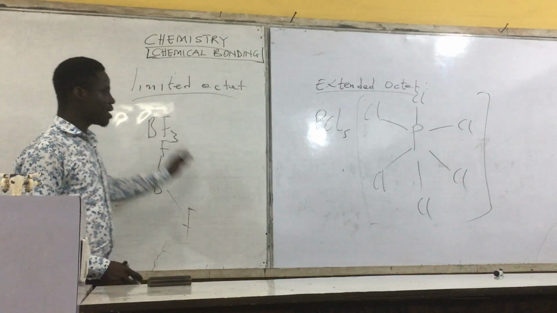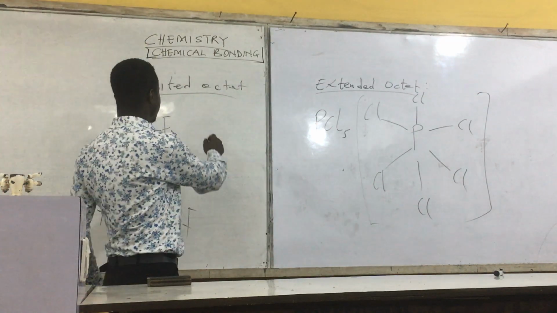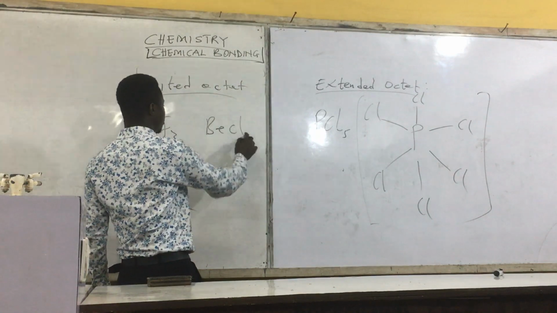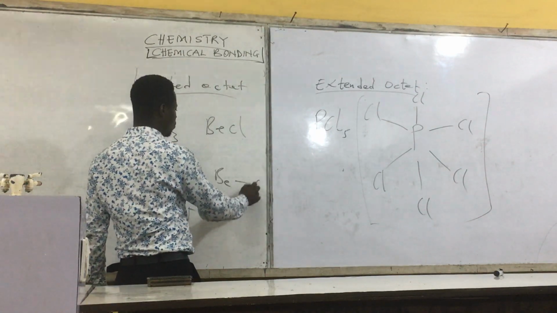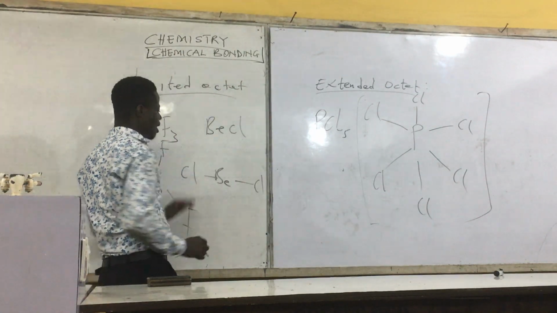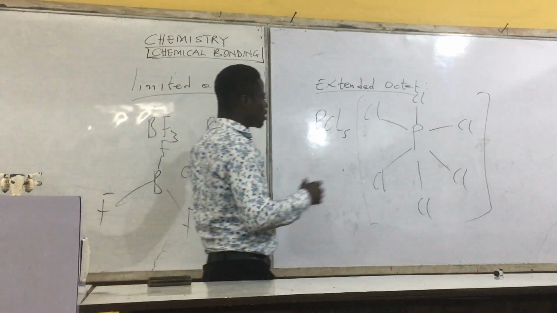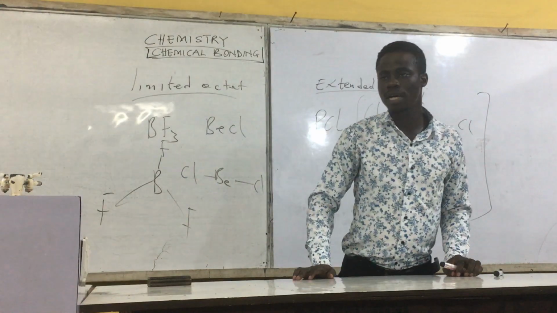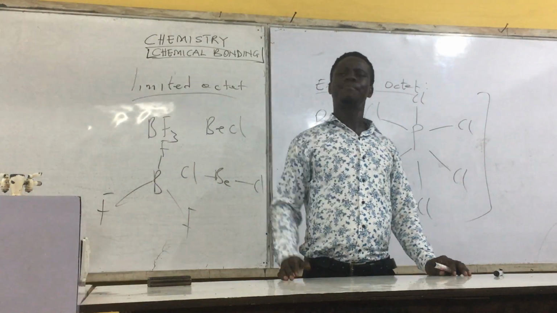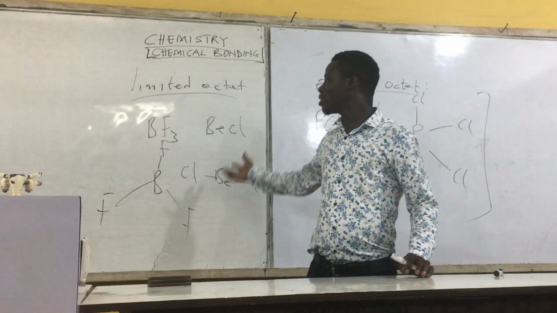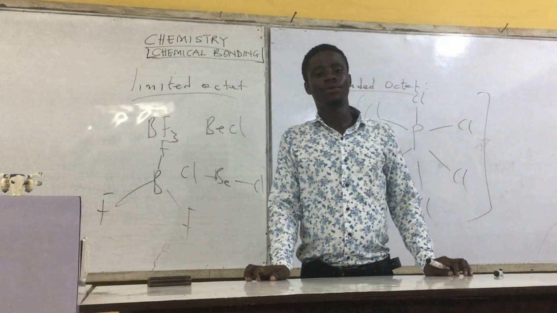So this is a limited octet. Something like beryllium will have this, and it's also a limited octet. So apart from these molecules, there are other examples. You have to look out for those examples, write them, and tell me why they are not obeying the octet rule.